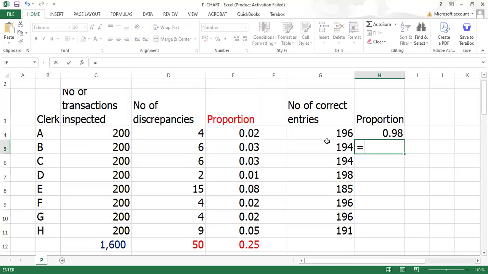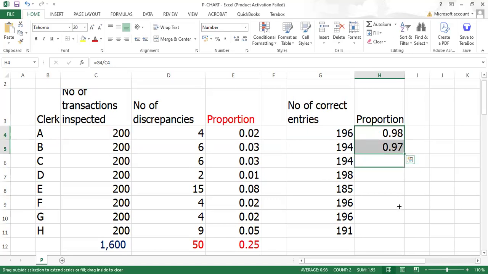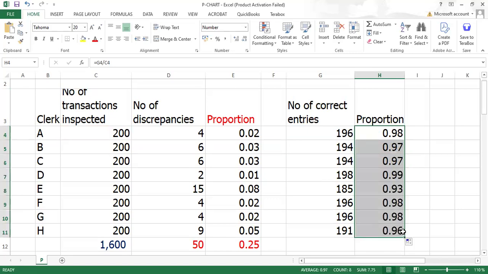You do the same. You get the number of correct entries, you divide by the number of transactions inspected. That's how you will be getting the proportion of the correct data entries.